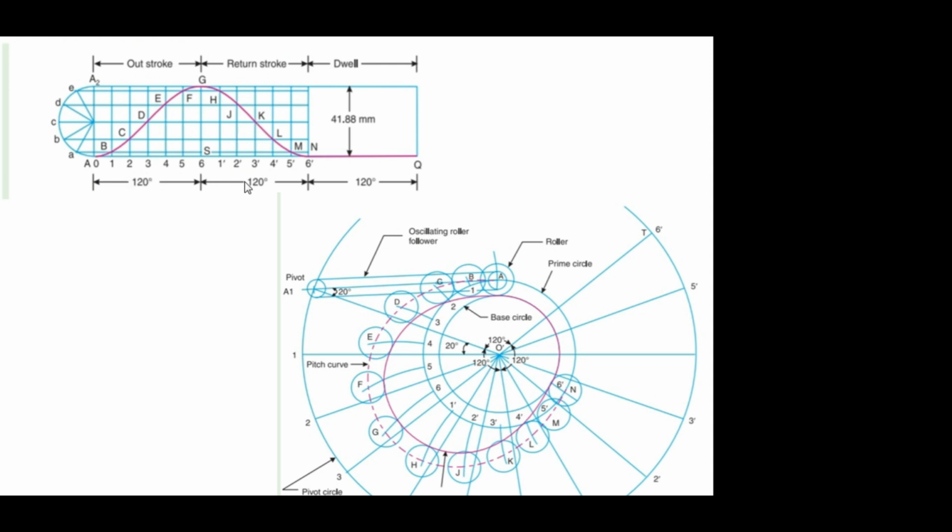Take theta O, theta R, theta D on x-axis to represent the revolution of cam, on a y-axis the stroke length or lift of the follower that we have calculated as 41.88 mm.